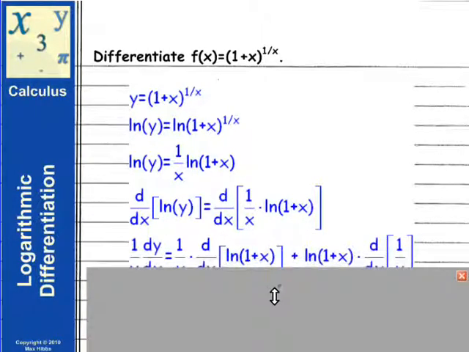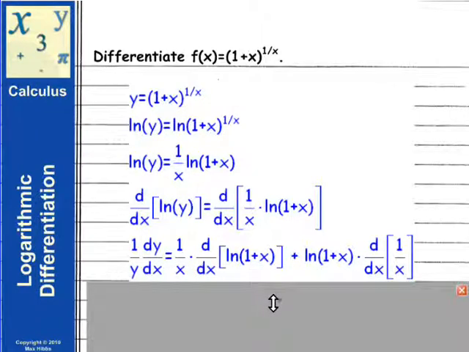Now, we know on the left side that the derivative of natural log of y with respect to x is 1 over y times dy dx. So I've just simply written that out. And rather than doing everything in my head, I'm going to point out that on taking the derivative of the product, we use the product rule. The product rule says we take the first function, which in this case is 1 over x, and we multiply it with the derivative of the second function.